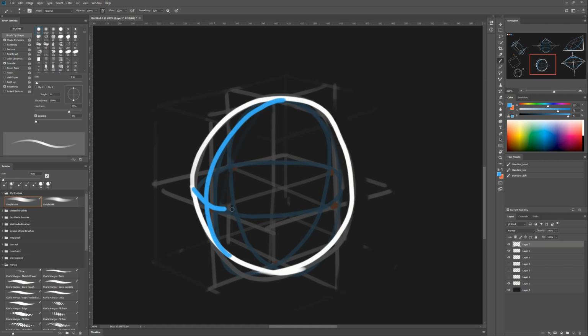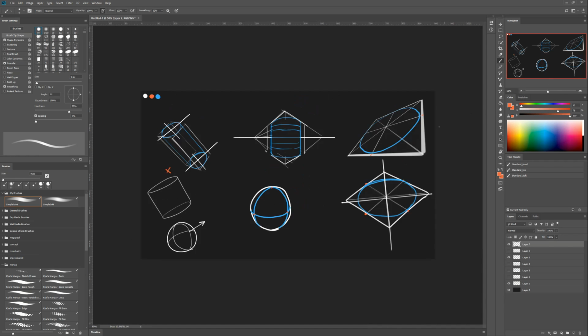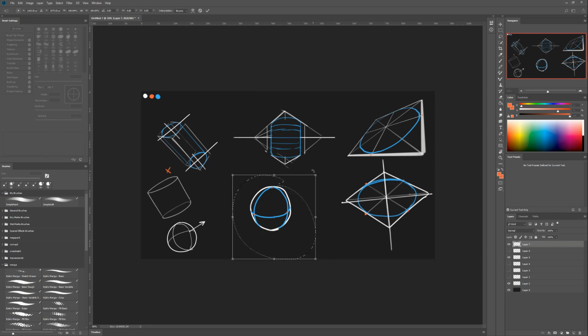I'll take this one here. And we need one more over here. And so this gives us a nice circle that, okay, I wasn't very accurate, I'll admit that, but the construction is correct. This gives us a sphere that has proper lines and the perspective should line up with what you have.